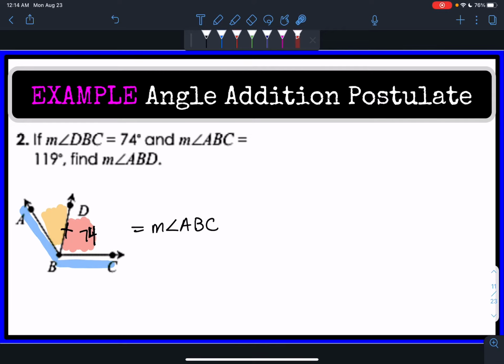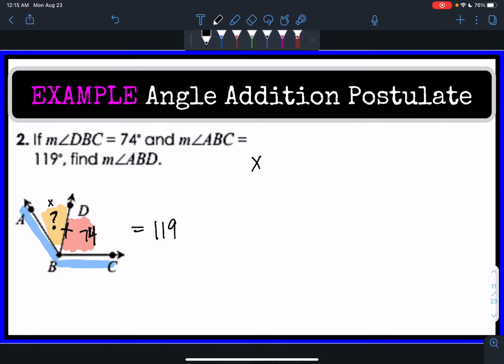And the angle measurement of ABC, which is the entire thing, this large angle right here where the vertex is B, that's 119. So according to the angle addition postulate, adding the orange one, which we don't know, plus the 74 has to equal 119. So I can come up with an equation, and instead of using a question mark right there, I'm going to use a variable x.